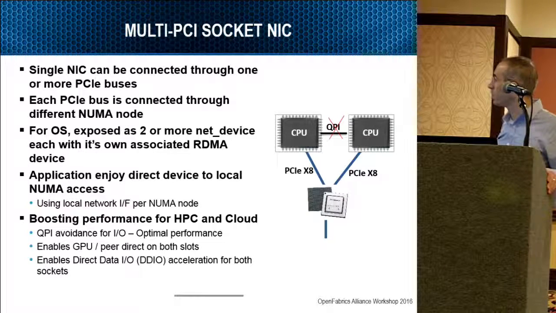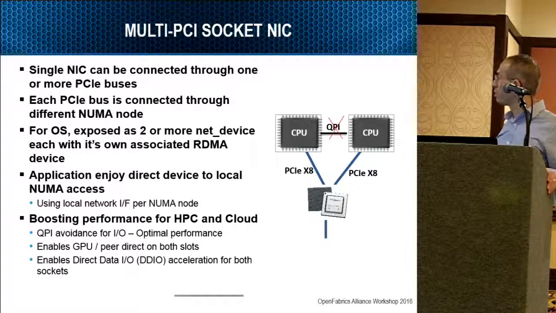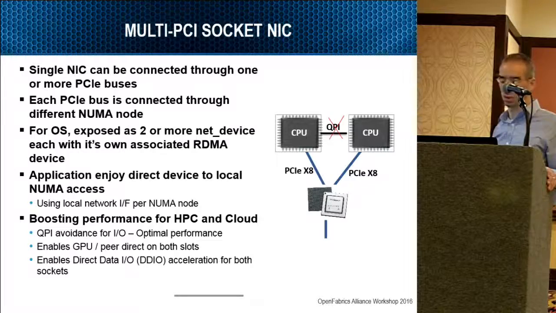So basically, DDIO technology where you can access the local NUMA cache directly. You can access it from here and also from here. Typically, if you pass through the QPI, you don't enjoy the DDIO technology, and in this case, we enable it.